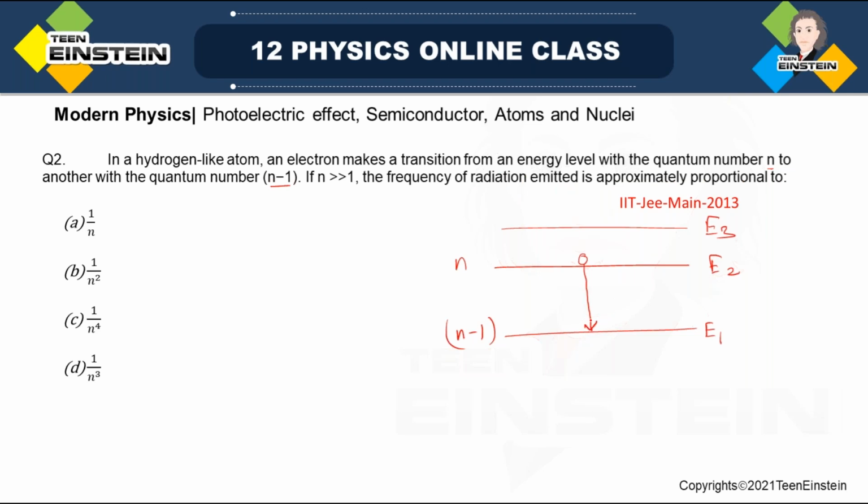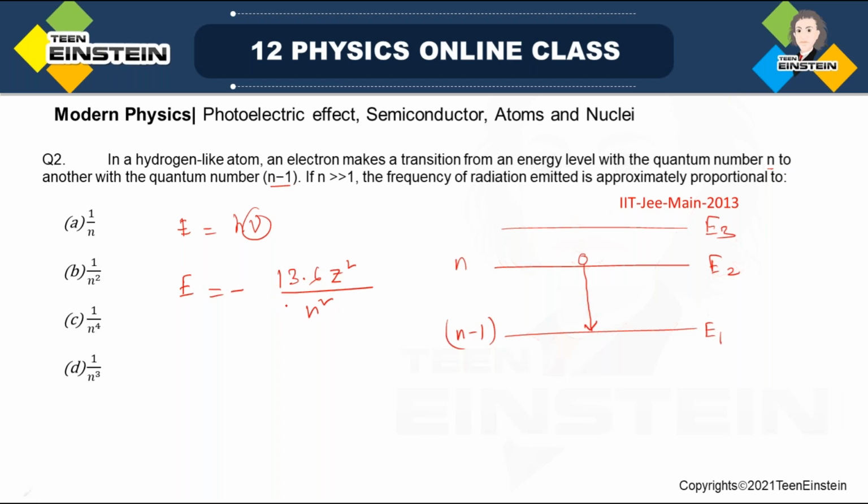Okay, so you know energy is always directly proportional to frequency, because E is equal to h nu, we know that. And for a hydrogen-like atom, the energy will be minus 13.6 into Z square divided by n squared. Okay, this is the energy.